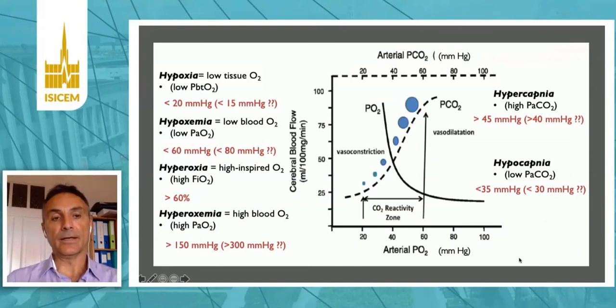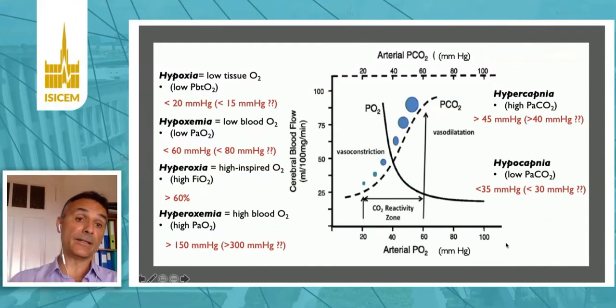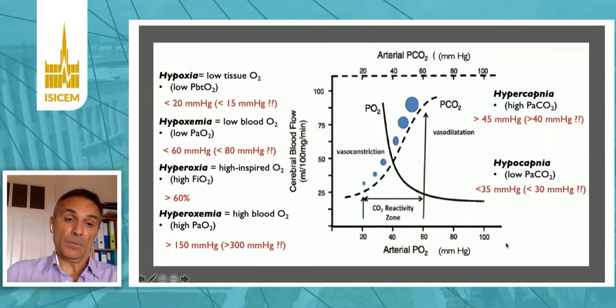Now, I summarize what we can say based on the available literature. In terms of hypoxia, the targets are for brain tissue oxygen. For hypoxemia, probably you have to put the PO2 rather to the right-hand side here, so maybe 80, some say 80 to 100, so probably higher than in the general ICU population.